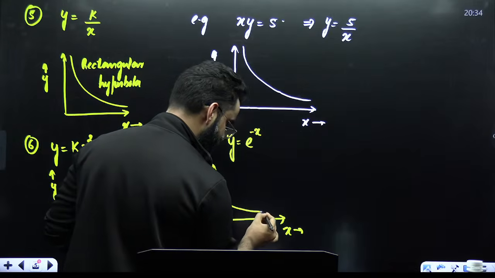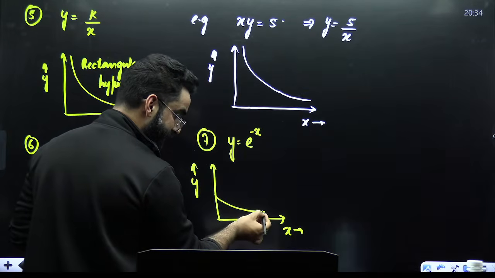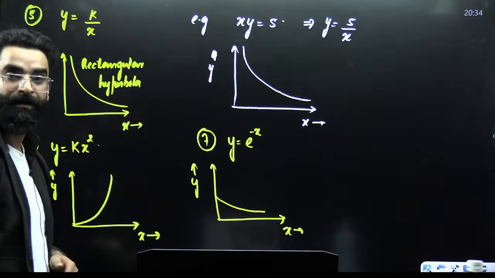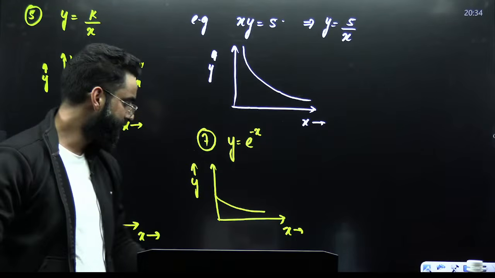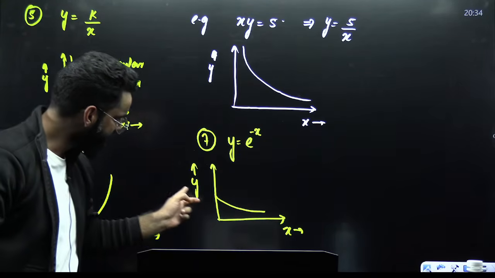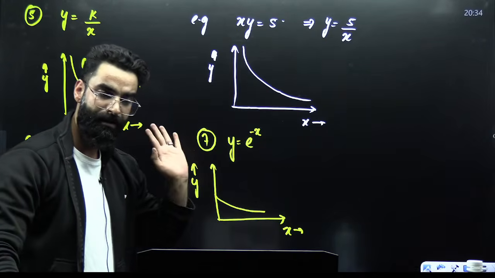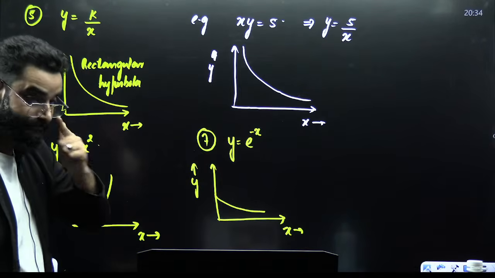It does not cut the x-axis here; it is going to cut the x-axis at infinity. So it's exponentially decreasing. Basically it is coming from somewhere here, then decreasing. Okay? Y is equal to e raised power minus x.